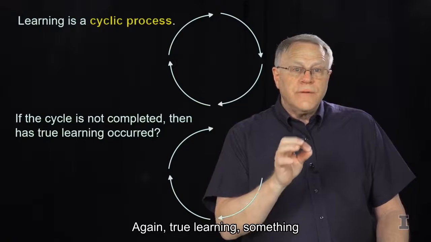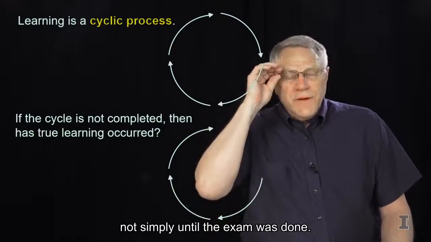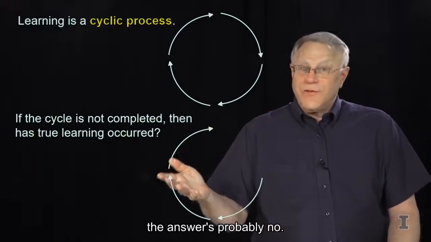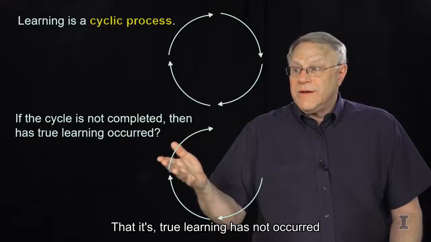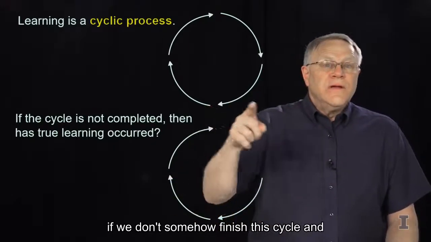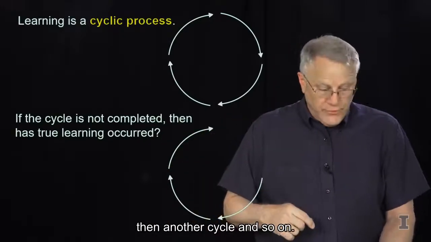Again, true learning, something that lasts a long time, not simply until the exam is done. So, you can see from what I'm suggesting, the answer is probably no. True learning has not occurred if we don't somehow finish this cycle and initiate another cycle and then another cycle and so on.